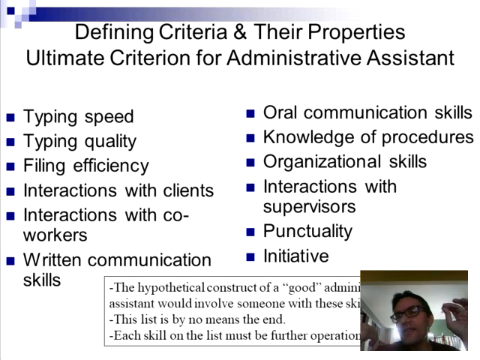And if you remember that concept of operational definitions, any hypothetical construct must be operationally defined in terms of the behaviors used to measure it. And so interactions with clients would have to be operationally defined perhaps as the number of clients that report positively about the interaction. I don't know. Some kind of quantifiable, repeatable, publicly observable behavioral measure for each of these subconstructs within this ultimate criterion.